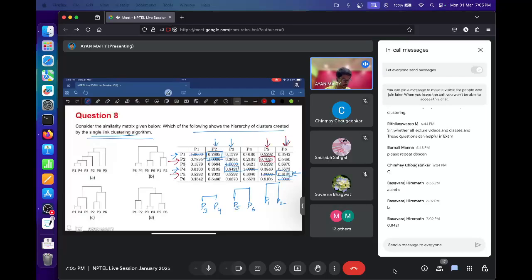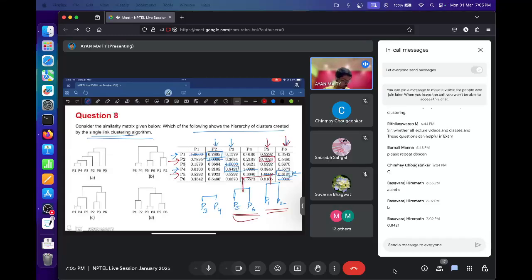P5 is already part of the cluster P5 P6, and P2 is already part of the cluster P1 P2. So we will not just merge P2 and P5 because they have the highest similarity from the remaining table. We will merge these two clusters. P5 P6 will be merged with P1 P2.